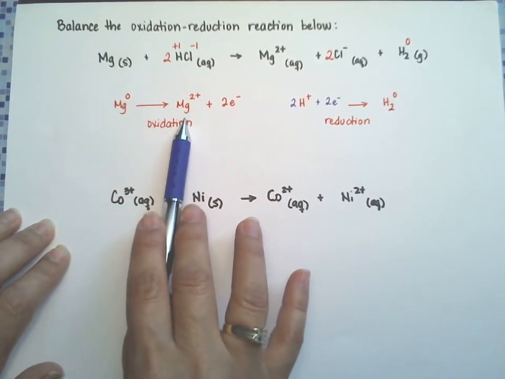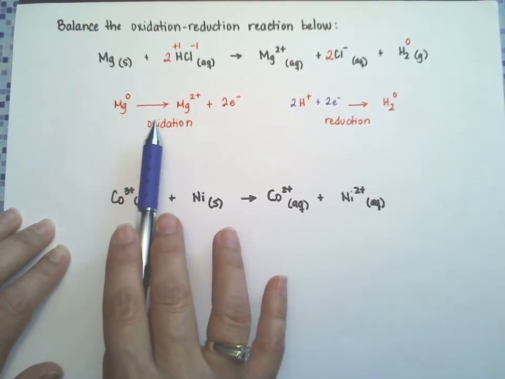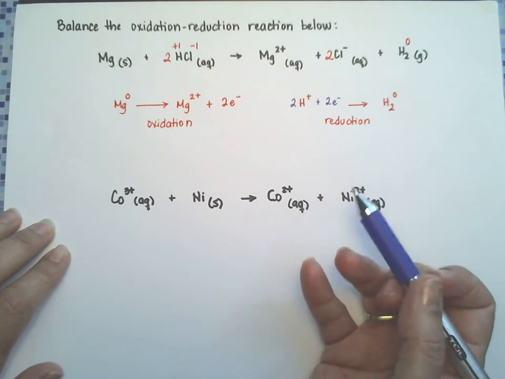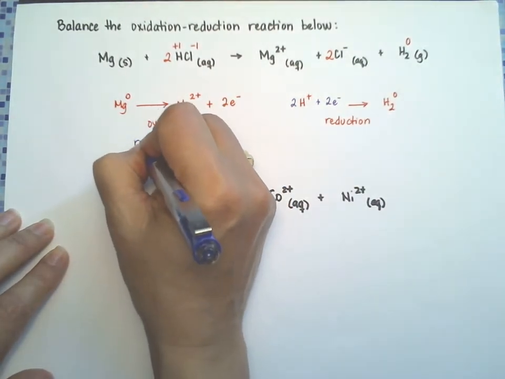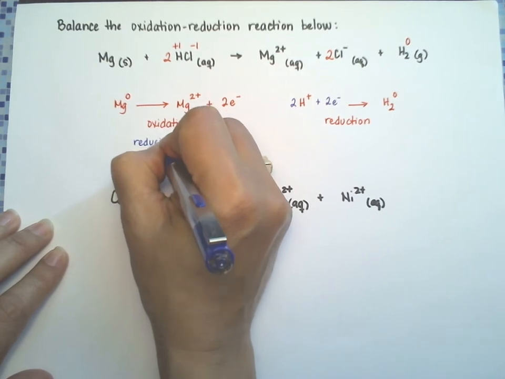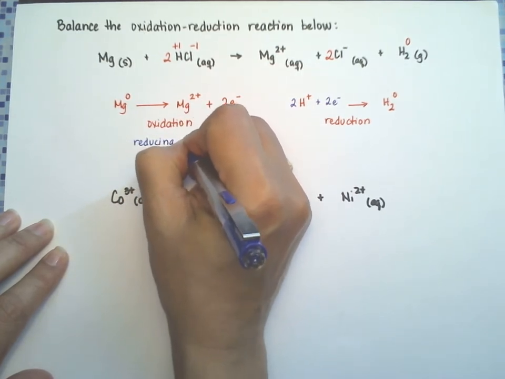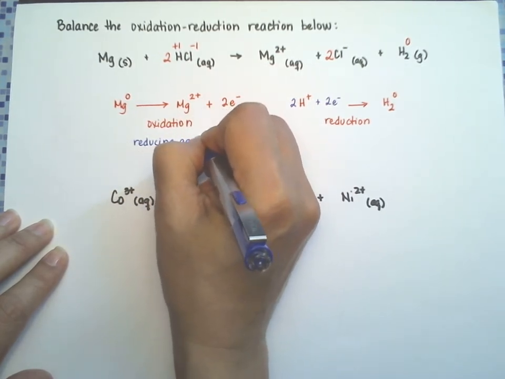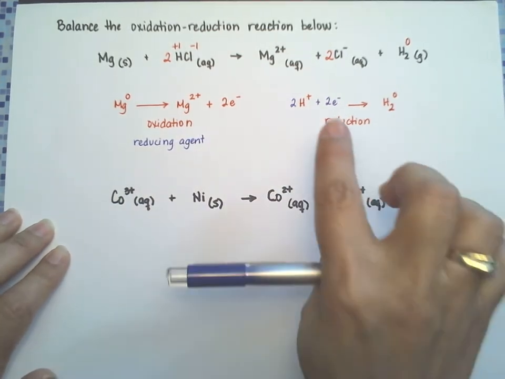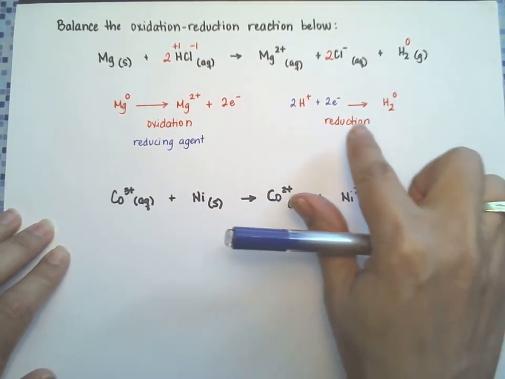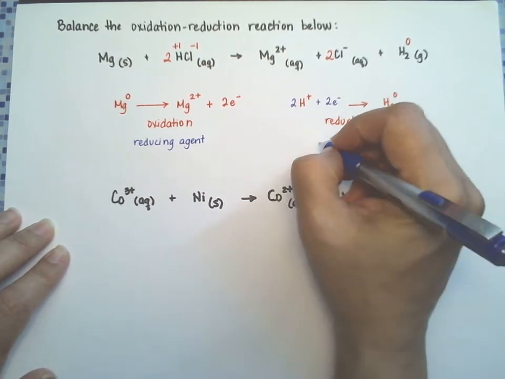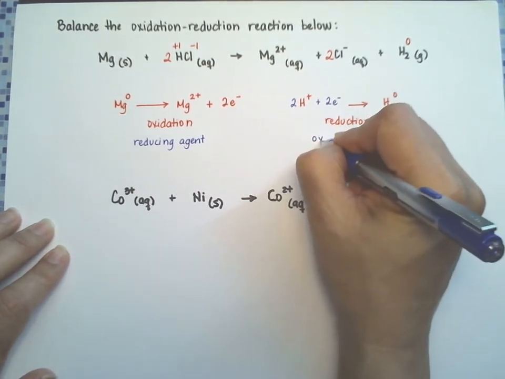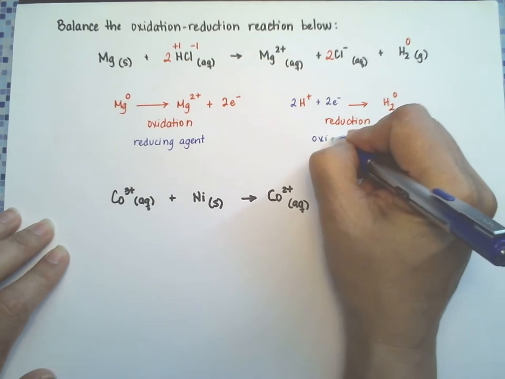The magnesium is getting oxidized itself, but it's causing the hydrogen to be reduced. So we're going to call the magnesium the reducing agent. The hydrogen itself is getting reduced, but it's causing the oxidation of the magnesium. So this hydrogen is an oxidizing agent.